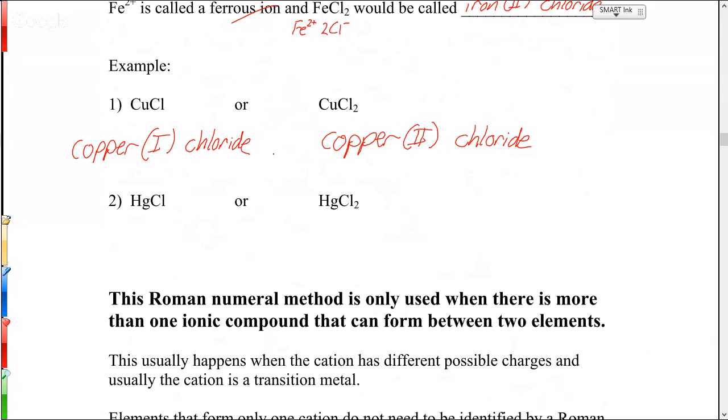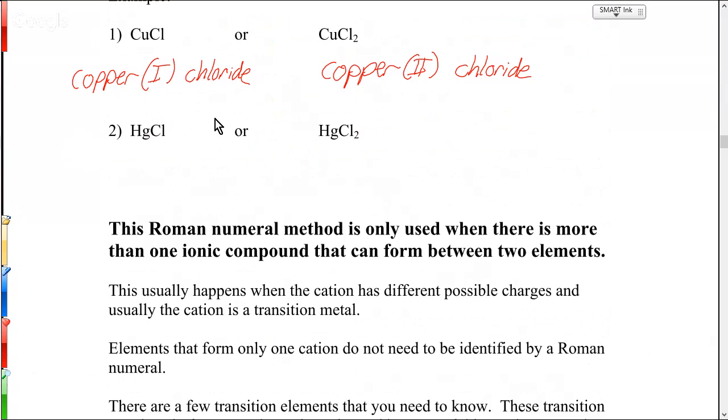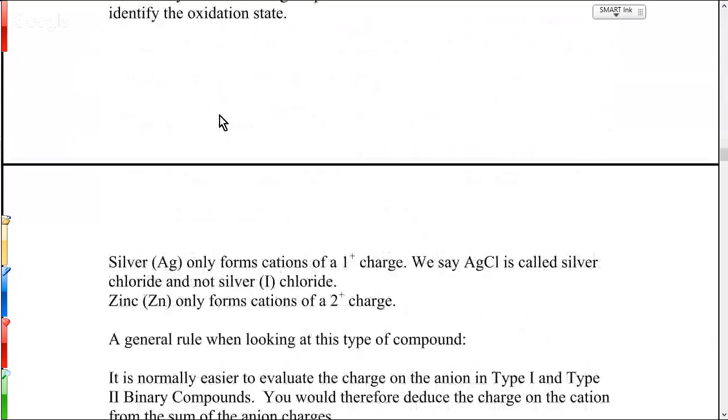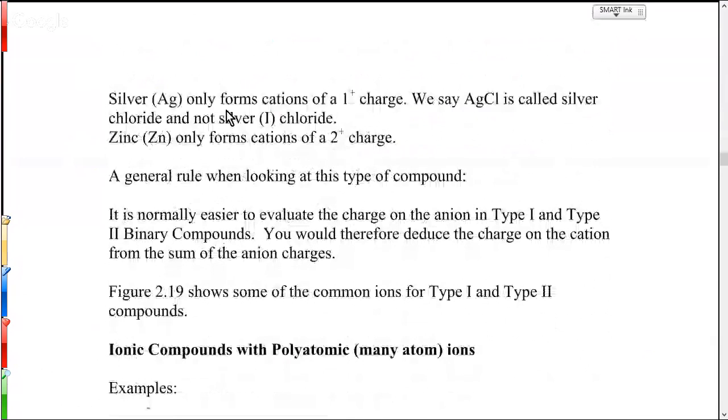All right, let's look at some examples of how to do that. First of all, there are 2 exceptions that you should know, actually 3.